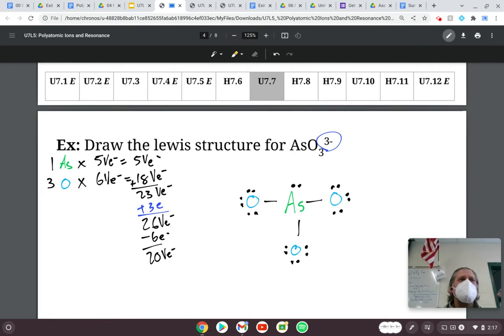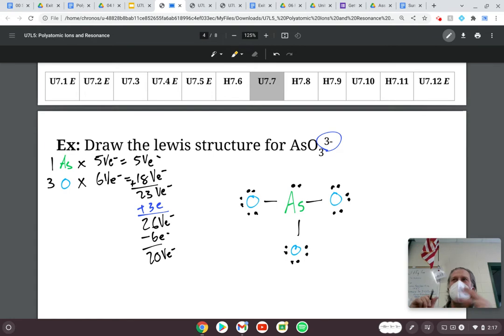Then I go back and I check to make sure that everything has 8. If I look at the oxygen on the right-hand side, the oxygen has one bond. That's 2 electrons and 6 dots, so that's 8 electrons. The oxygen on the bottom has a bond and 6 electrons, so that's 8 electrons. And the oxygen on the left, same thing. Arsenic has 3 bonds, which are 2, 4, 6 electrons, plus the dots on top.